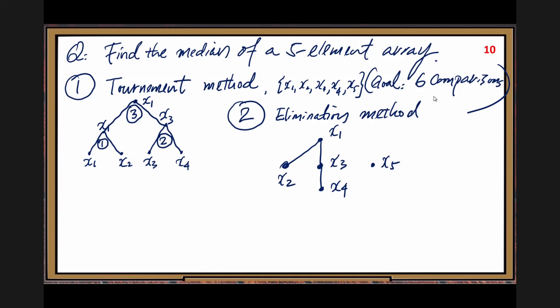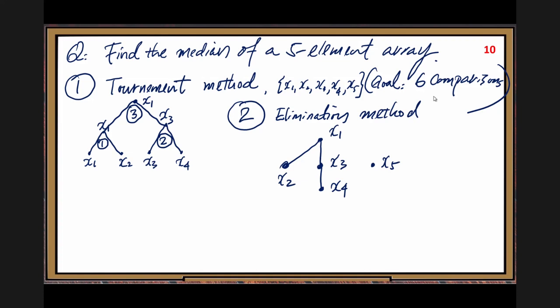Can you see which element can never be the median, so we can safely eliminate it? x1, because x1 is greater than 3 elements. The median has rank 3. If you count from left, it's third; if you count from right, also third. But this x1 is already greater than 3 elements, so it is among the top 2.